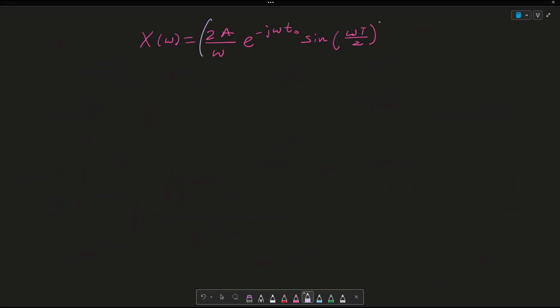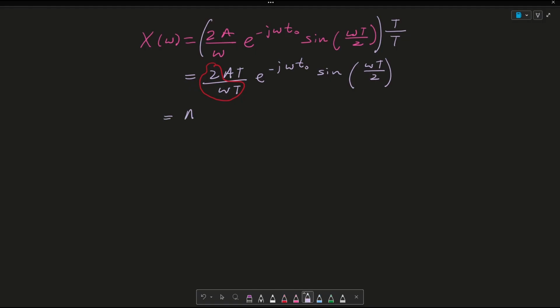Okay, so the first thing I'm going to do here is multiply both numerator and denominator by this capital T. So then X of omega is going to be equated to 2A capital T over omega T times e to the minus j omega t naught sine of omega T over 2. And what I'm going to do is write this on the denominator. So then this becomes A T e to the minus j omega t naught times sine of omega T over 2 divided by omega T over 2.